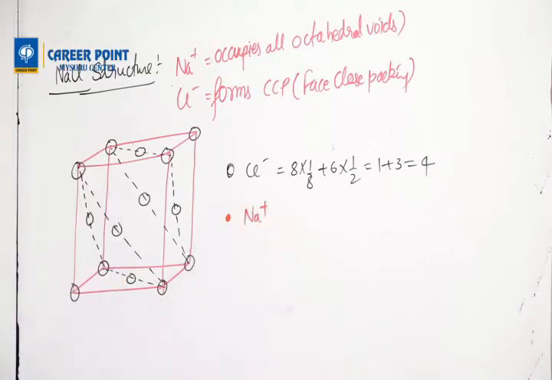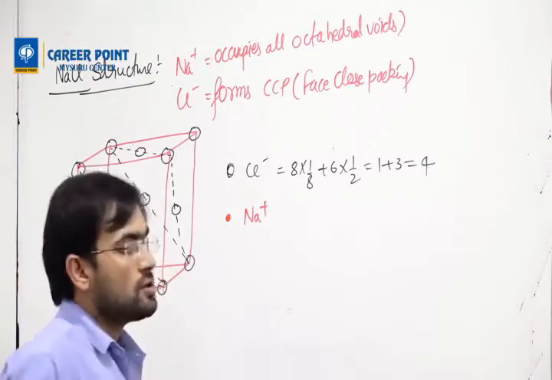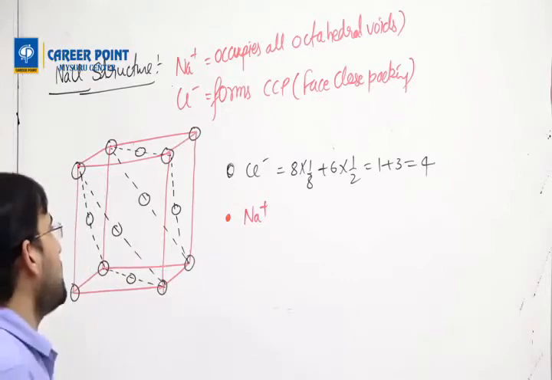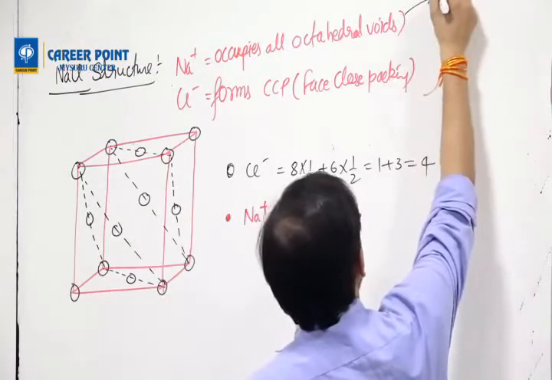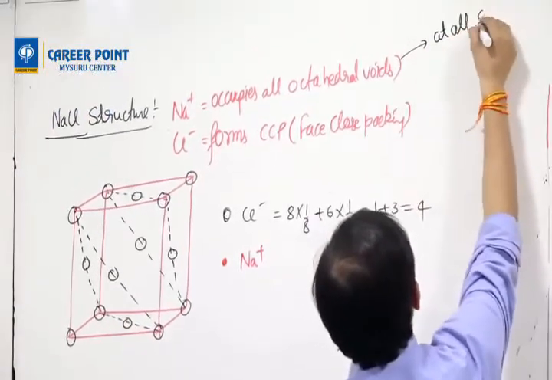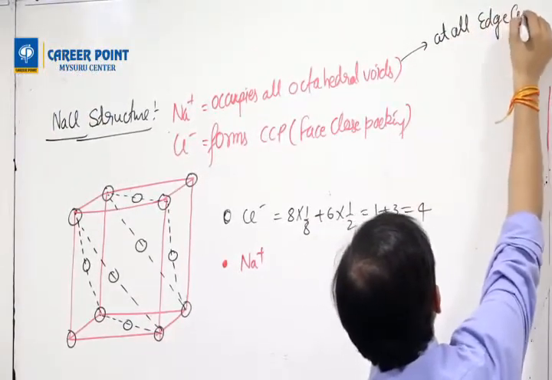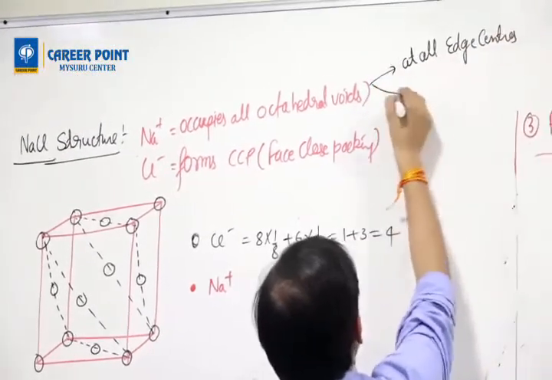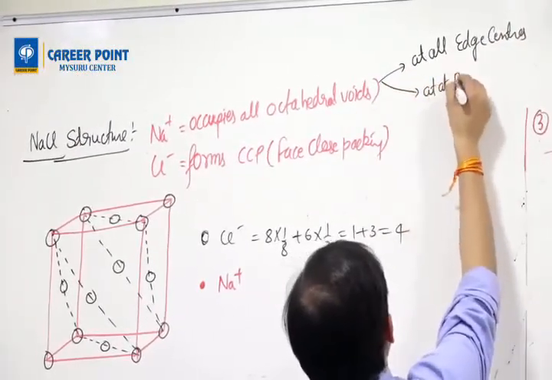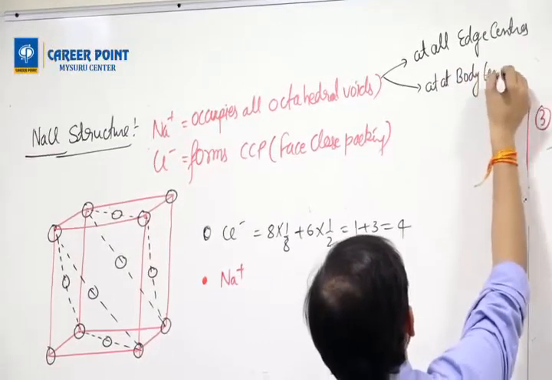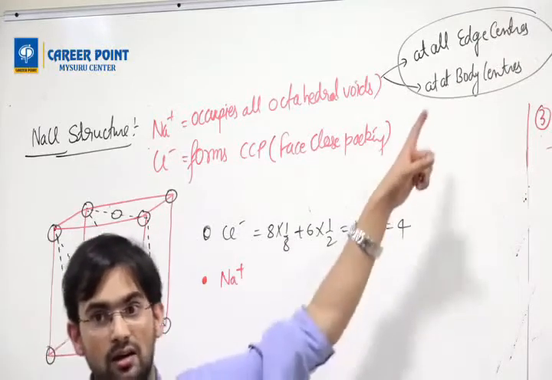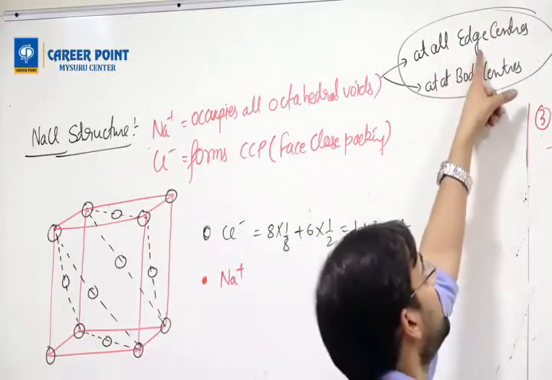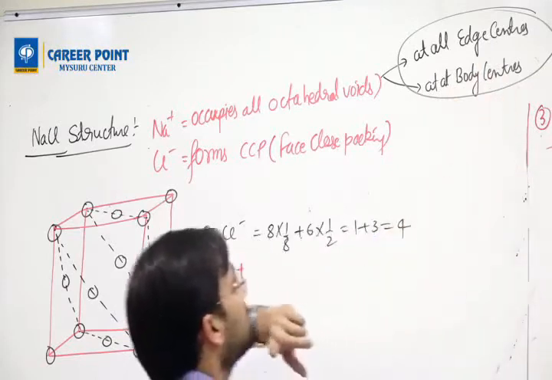Now we are going to talk about Na plus. Na plus occupies octahedral positions, so we should understand what the octahedral positions are. Octahedral positions are at all edge centers and at the body center.